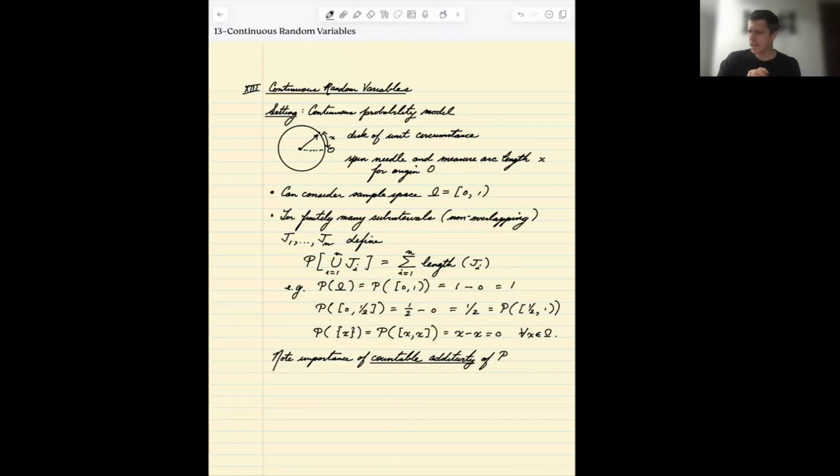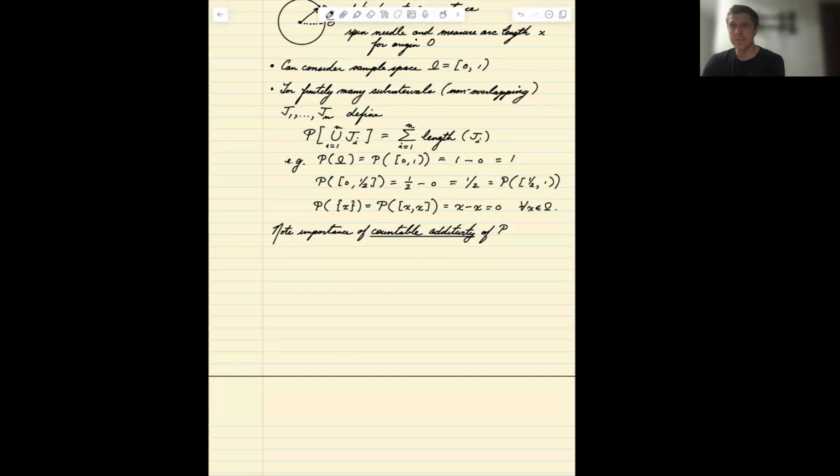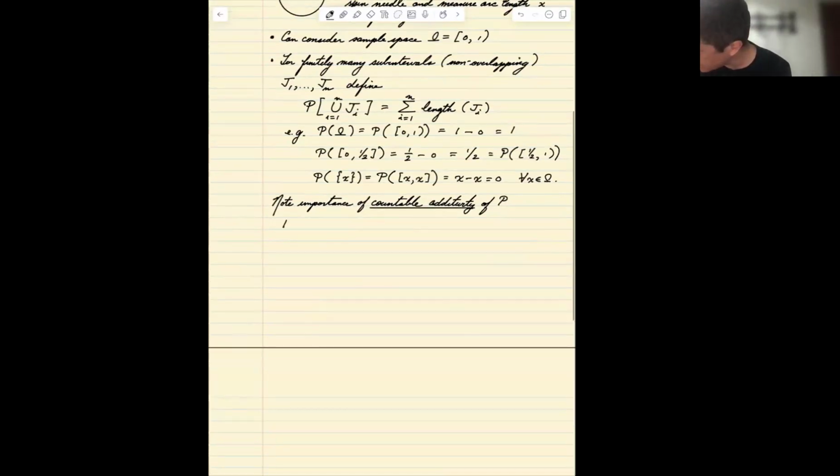So the probability of occurring at any given point is 0, but we do have countable additivity of P, meaning that we can decompose omega into a countable disjoint union. Technically, we could write omega as the union over all singleton omegas.